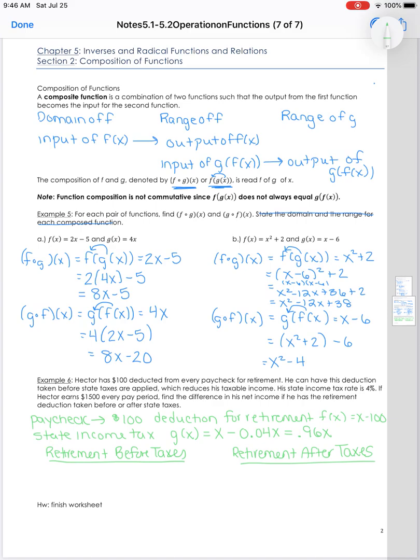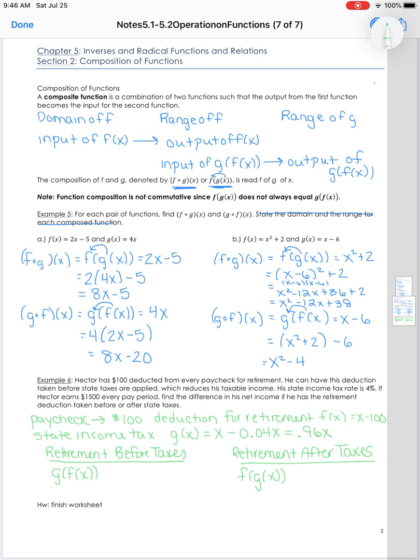So now we're going to figure out retirement before taxes. So that's column 1. And then we're going to figure out retirement after taxes.